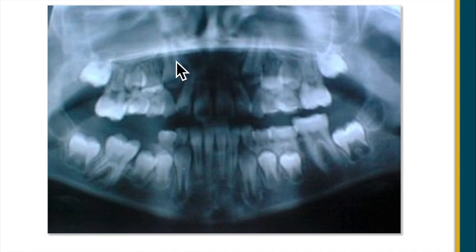Okay, if we look carefully up in here, we're looking at mixed dentition now, meaning mixed between permanent teeth and baby teeth, or sometimes called deciduous teeth. Our baby teeth are called deciduous teeth.